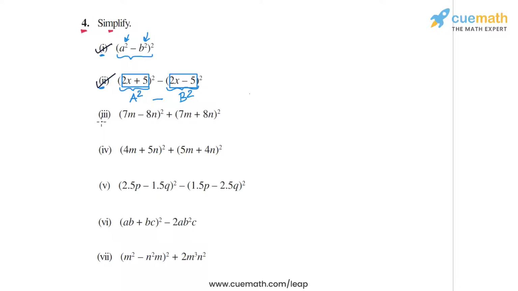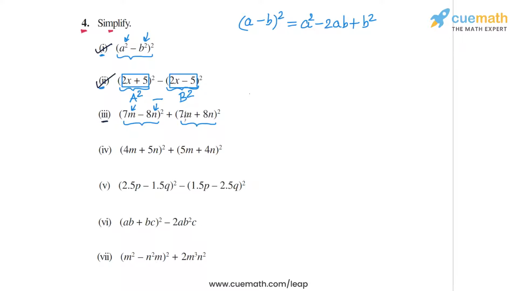Now we come to part 3. In part 3, we have the expression (7m − 8n)² + (7m + 8n)². So the first part of this expression is of the form (a − b)², where a is 7m and b is 8n. So (a − b)² can be expanded as a² − 2ab + b², and this is how we will expand the first part, (7m − 8n)².